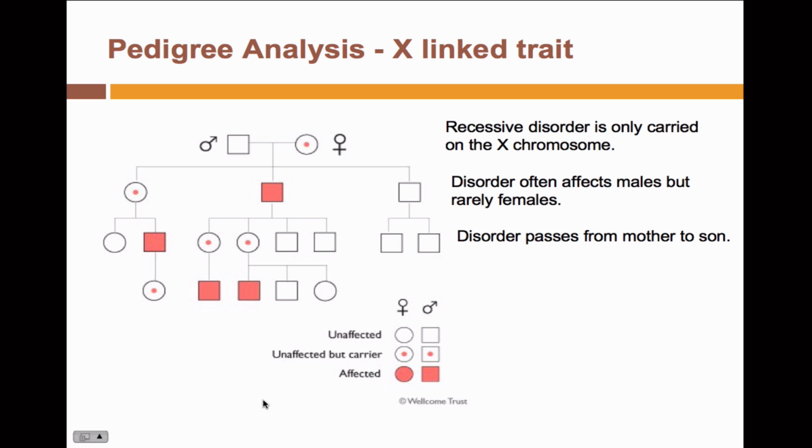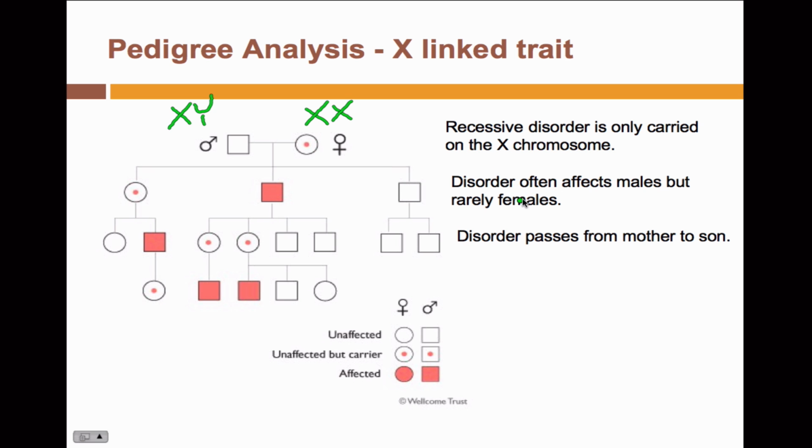And then another one we're going to talk about is an X-linked trait. Okay, so an X-linked trait means that it's a recessive disorder and it's only carried on the X chromosome. Now, remember that females have 2 X chromosomes and males have an X chromosome and a Y chromosome. So this disorder will only show up if it's on the X chromosome.